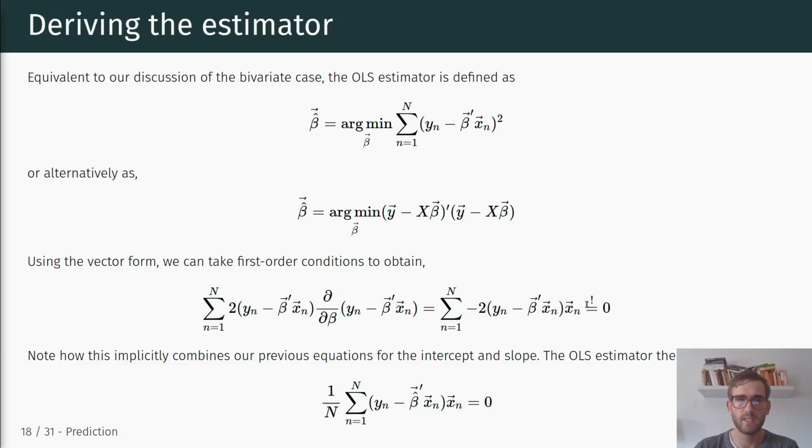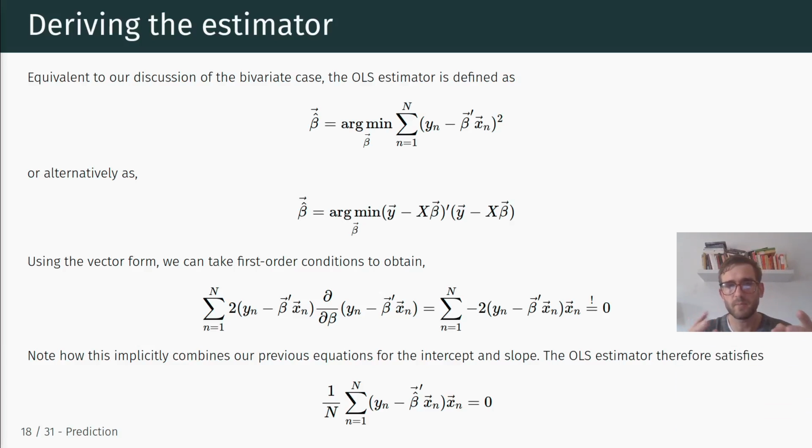And it's important to recognize, you might not be so used to taking derivatives of vectors or partial derivatives, but if you go through a minimal example of the specification, it's important to notice, if you reduce this, for example, to a bivariate case with one intercept and one beta parameter, then this specification of the first order condition of the beta vector basically implicitly combines our previous equations for the intercept and slope that we had before.